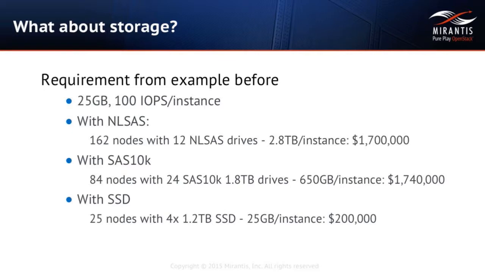At a cost, you really only get the 25 gigabytes per instance. You are actually faster than the IOPS requirement, because here the limiting factor is your capacity. You are really locked at 25 gigabytes per instance, but the cluster costs only about $200,000.